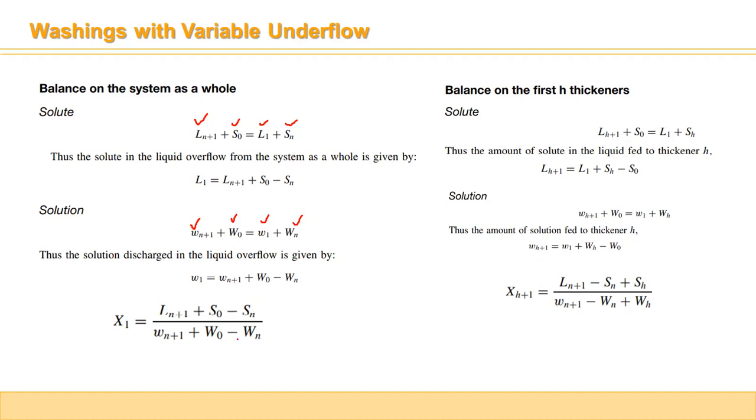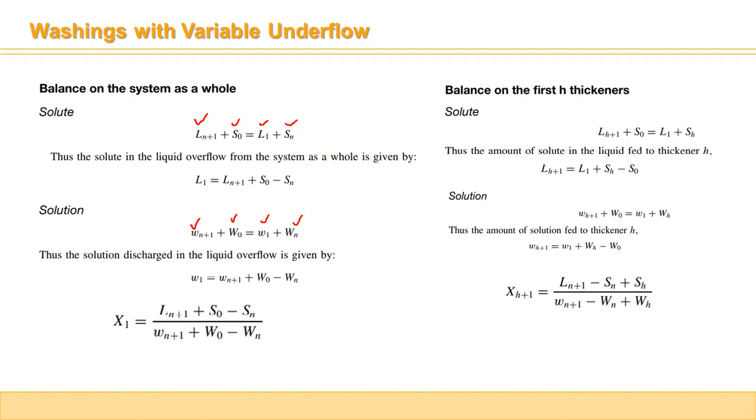This one is taken from the material balance of the solute. So you do material balance of the solute, and in this case, you're getting L1. So your numerator here actually is L1. Your L1 is L sub n plus 1 plus S sub O minus S sub n. Actually, it is not written here, but this is how you determine the concentration of the final wash water.